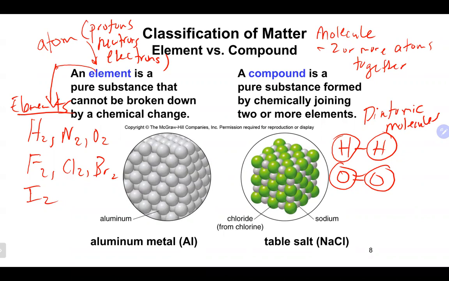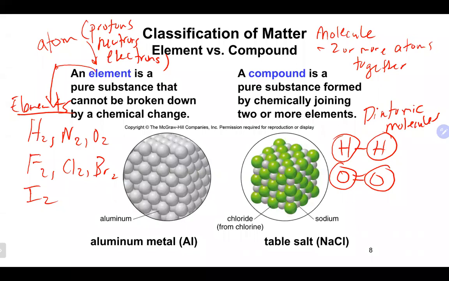So two atoms together make up a molecule. Something like H2, N2, O2, F2, and so forth on that list are all molecules because they meet the definition of a molecule, which is simply two or more atoms together. It could be two or more atoms of the same element, or two or more atoms of different elements. You need at least two or more atoms to come together. But each one of those is also an element because they only contain atoms of the same element.